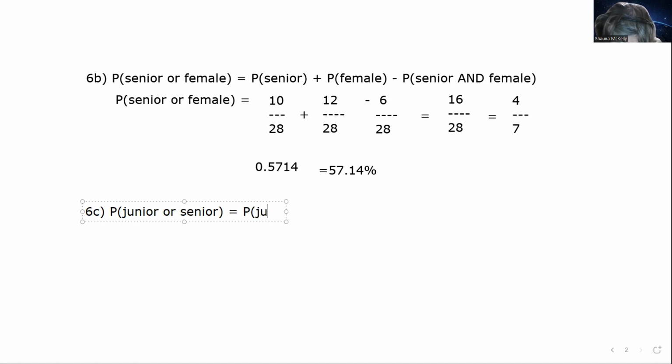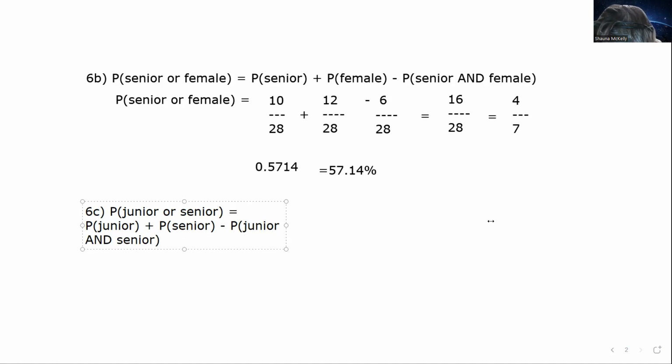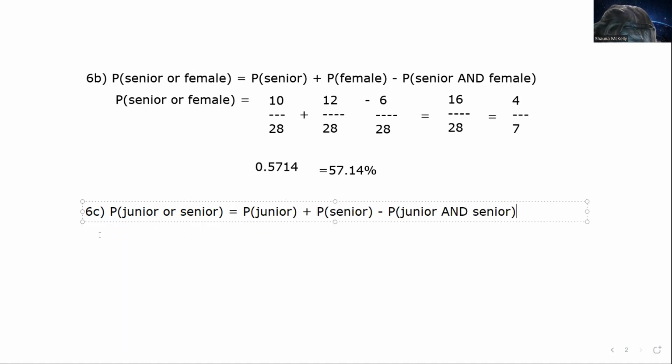Probability of being a junior plus the probability of being a senior minus, remember, this is overlap, the probability of being both junior and senior. Okay. Well, you can't be a junior and a senior at the same time. So if I tried to do this problem, it would look like this.